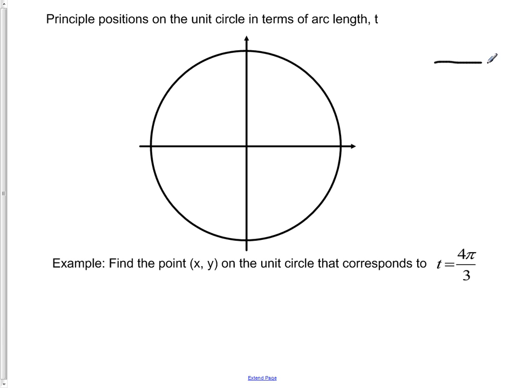The special right triangles that we define, going in order from smallest to largest, were the angles pi over 6, which corresponded to our 30-degree right triangle, the angle pi over 4, which went with our 45-degree angle, and then the angle pi over 3, which went with our 60-degree right triangle, so pi over 3.